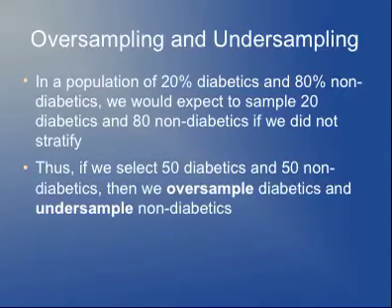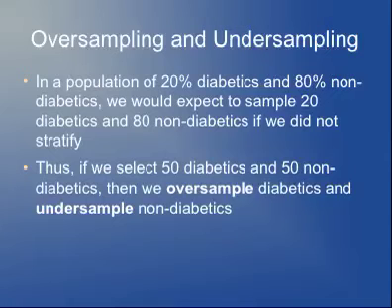And some more terminology: when you take this sort of approach, you can use the terms oversampling and undersampling. If the population is 20% diabetic and 80% non-diabetic, then if you didn't do any sort of stratification, you would expect to have 20 diabetics and 80 non-diabetics.